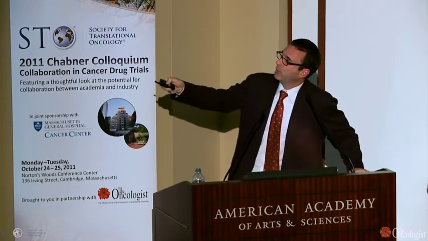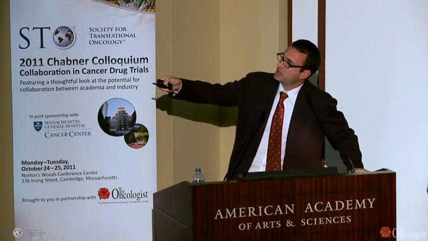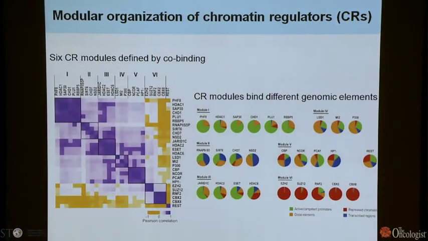We can look at where these modules are going. So this is the first module, and this is a bunch of regulators, including both positive regulators and things that you characteristically think of as having repressive activities like HDACs. These guys really sit at the green sites in the loci, which are active and competent promoters. So you've got these guys sitting at TSSs.